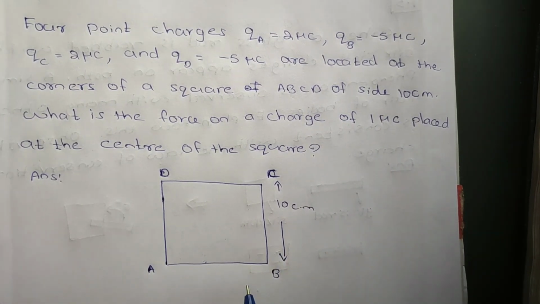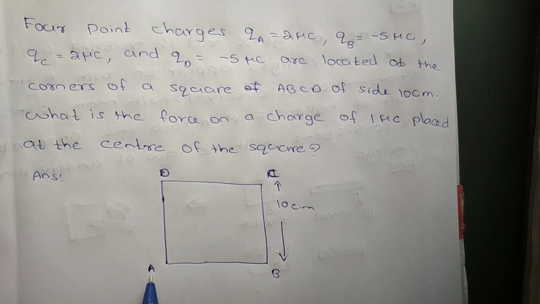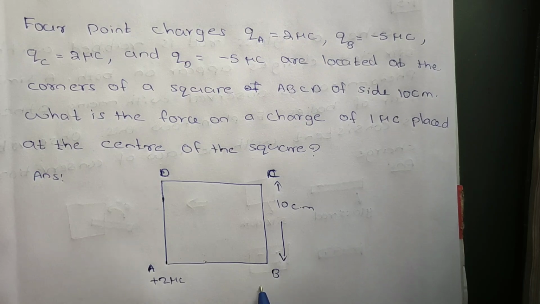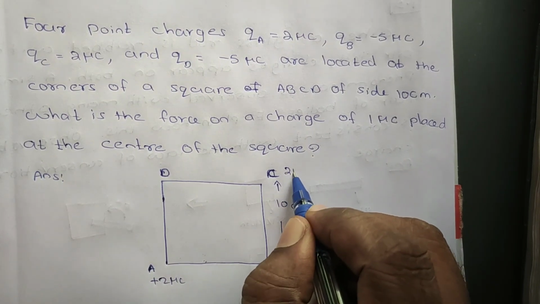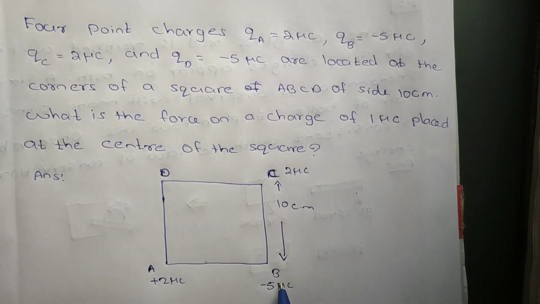In this square, at the point A, there is a charge of plus 2 microcoulomb. At the point B, a minus 5 microcoulomb charge is placed. At the point C, a 2 microcoulomb charge is placed.